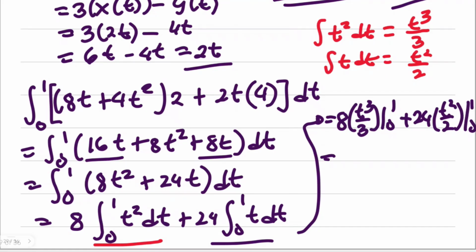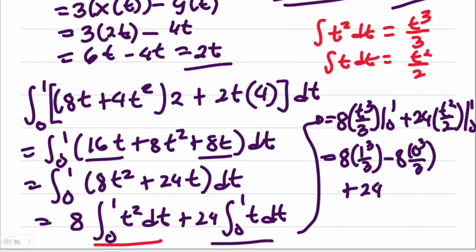So simplifying that by substituting the upper boundary for each of the terms minus the lower boundary, you have 8 times 1 cubed over 3 minus 8 times 0 cubed over 3 plus 24 times 1 squared over 2 minus 24 times 0 squared over 2.